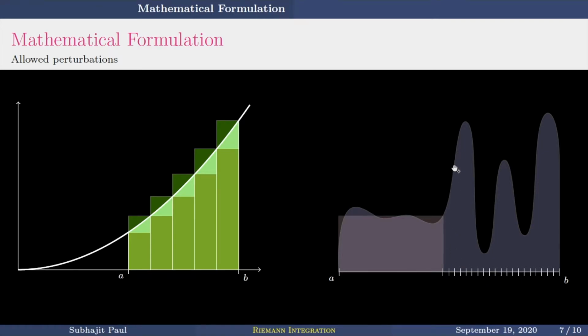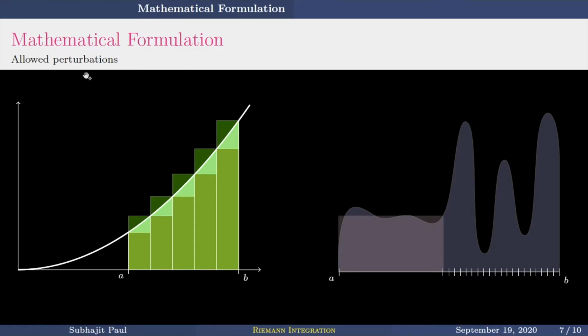You understand? There is too much chance of error. There is such a steep height over here and there. We cannot possibly do it with a wider rectangle. You need to go for a slimmer rectangle, as slim as possible. So that is why there should not be any restriction on where to choose the points of subdivision.